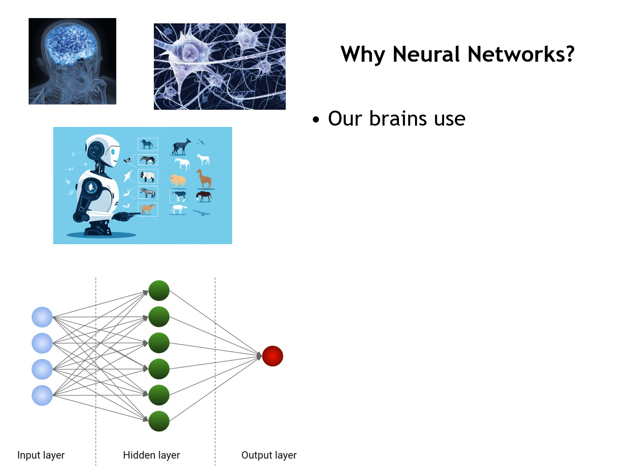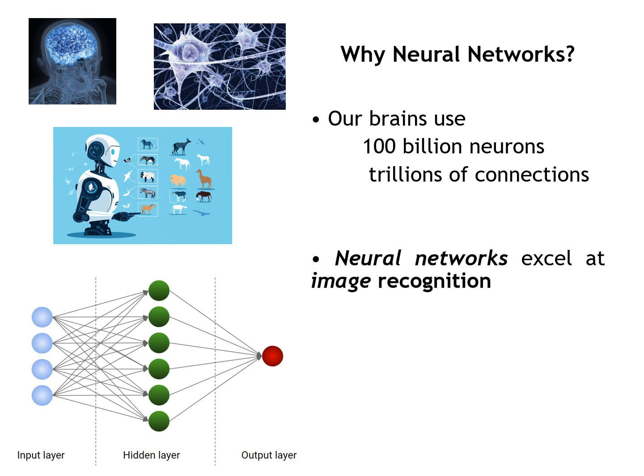With a single neuron you can do some things, but our brains are a collection of many neurons, and they can do much more complex things. They are formed by billions of neurons with trillions of connections. So it allows you to do much more complex things. The same thing happens here when you add so many perceptrons. And in the case of image recognition, they are excellent at that.